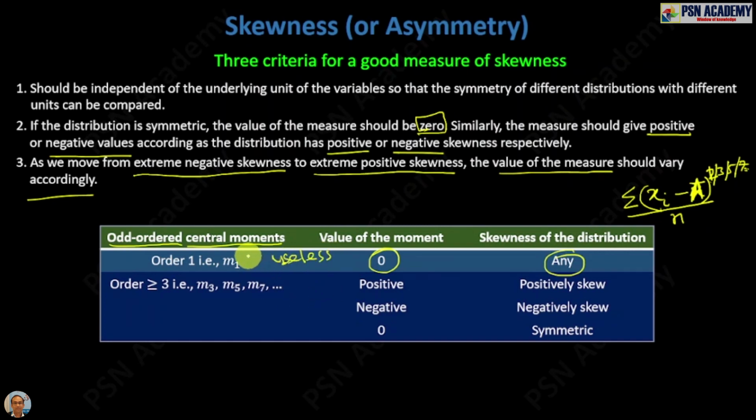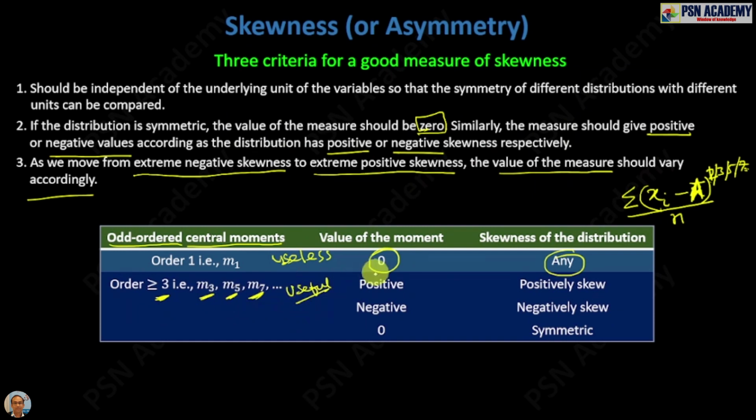But the odd ordered central moments of order 3 or above will help you to have a good measure of skewness. That means M3 will work, M5 will work, M7 will also work. In this way, you can go higher and higher. Why are these useful?